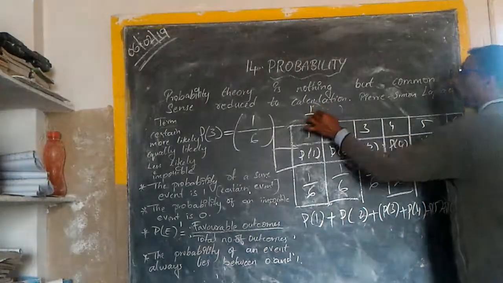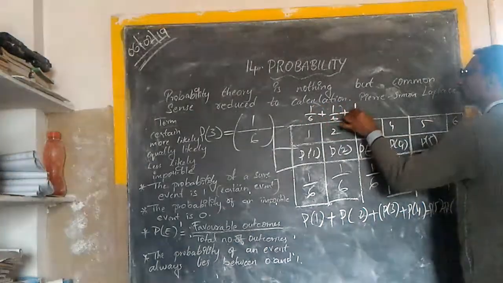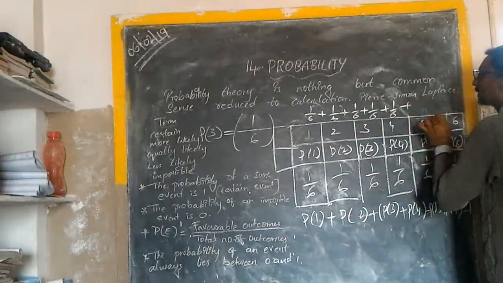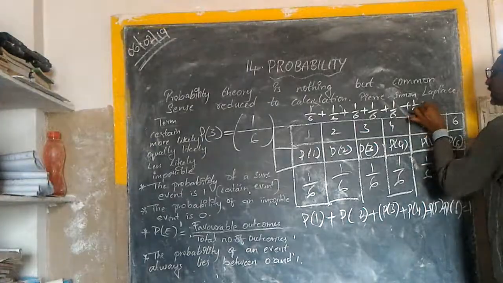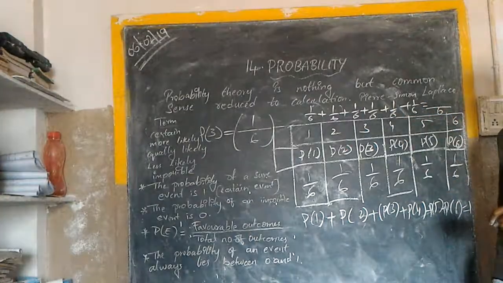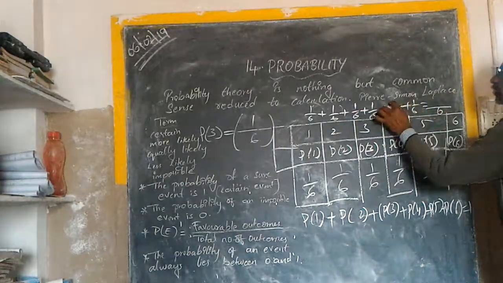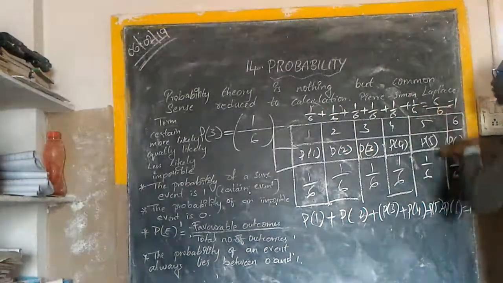Why? Because 1 by 6 plus 1 by 6 plus 1 by 6 plus 1 by 6 plus 1 by 6 plus 1 by 6, 6 is the common denominator, we can take it, so you add 1 plus 1 plus 1 plus 1 plus 1 plus 1 over 6. That is equal to 1.